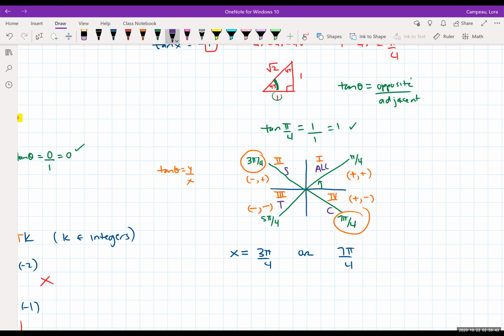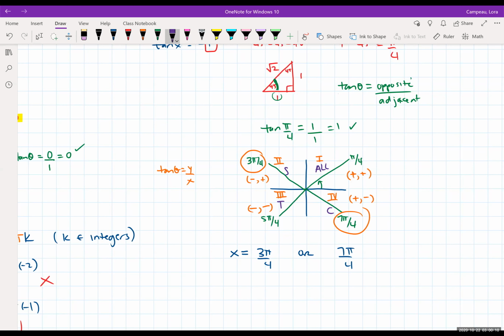Quadrant 2, S stands for the sine and its cofunction, so sine and cosecant are positive in this quadrant. T stands for tangent and cotangent are positive in quadrant 3. And then quadrant 4, we use Calculus, but it really is cosine and secant that are positive. So if you like that shortcut, feel free to use it, whatever works for you.